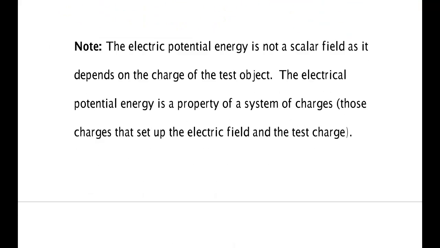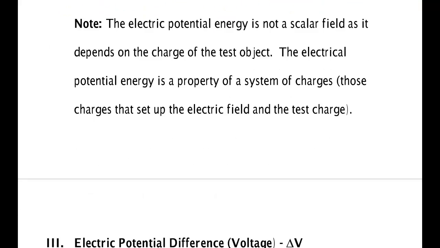Now, potential energy is not a scalar field. And the reason it's not a scalar field is that it depends on the charge of the test object. Remember, a scalar field is something where you have a function that only depends upon space and possibly time. Since we're doing time-independent problems, they should depend only on space.